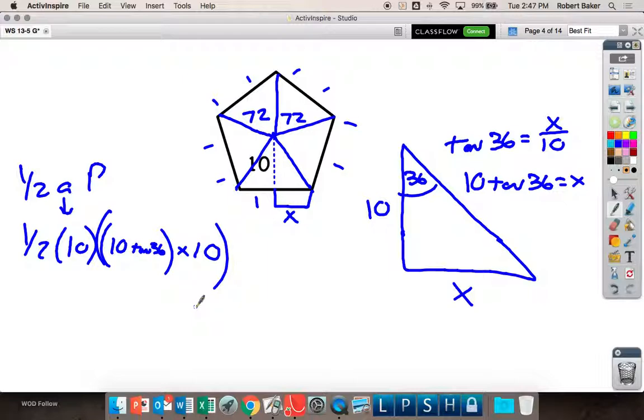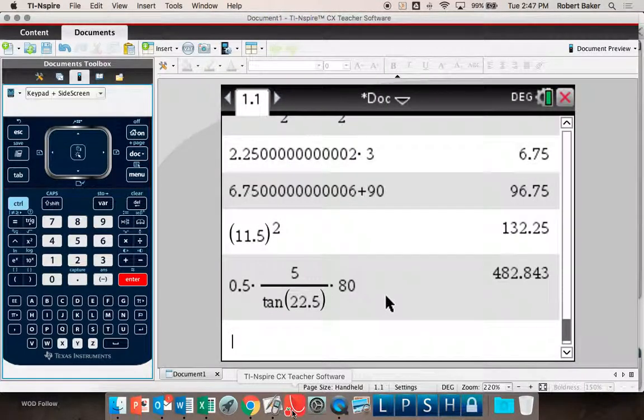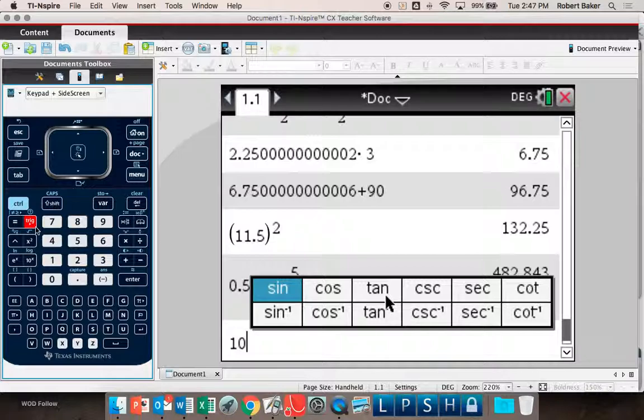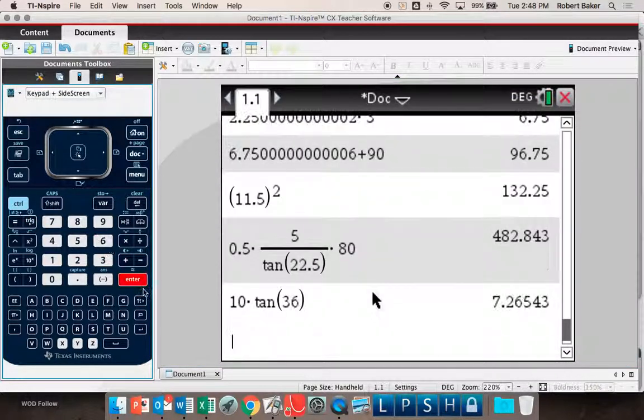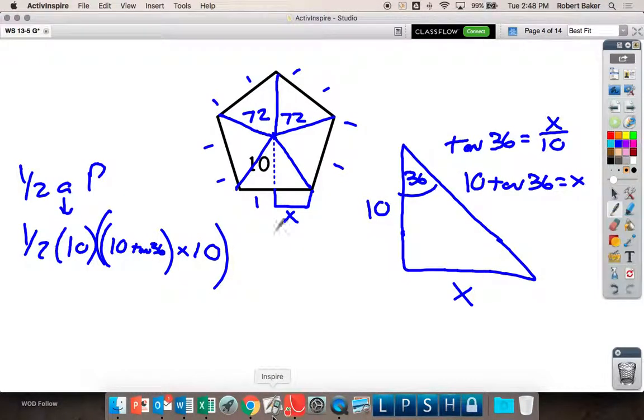Does that kind of make sense? A lot of different ways to do that. I think multiplying it by 10 is the quickest way to do it, but most often the most confusing way to do it. So once you calculate 10 tangent 36, 7.26543, that represents one small portion of that.